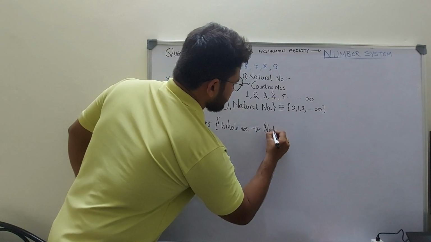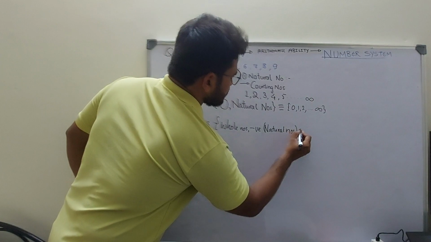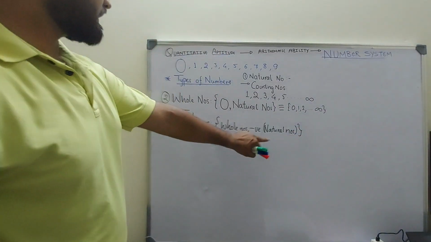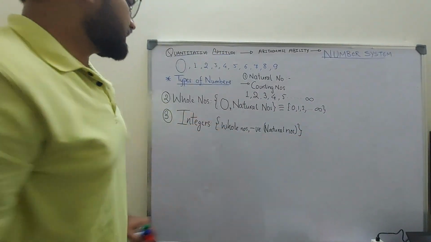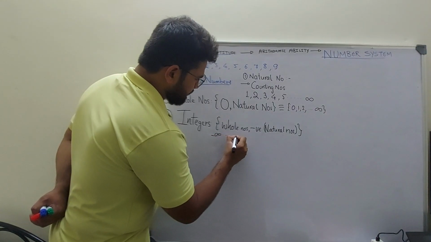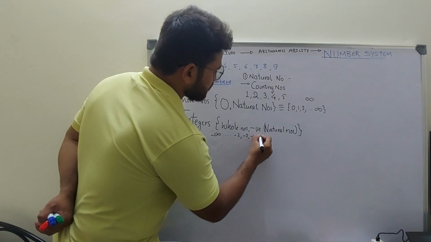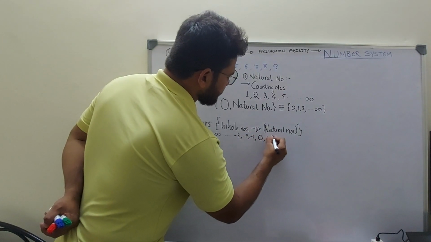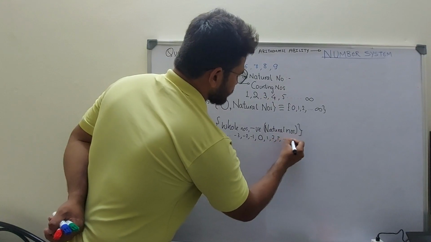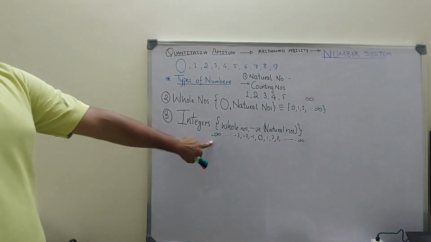We start from minus infinity, minus 3, minus 2, minus 1. We have 0 in between, then 1, 2, 3, and so on. So these are integers.